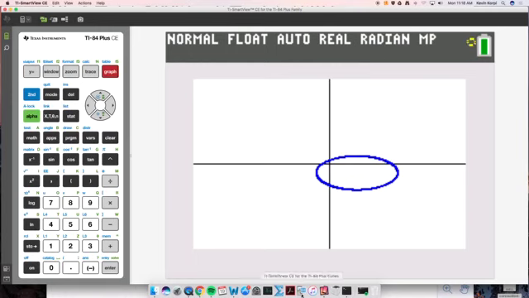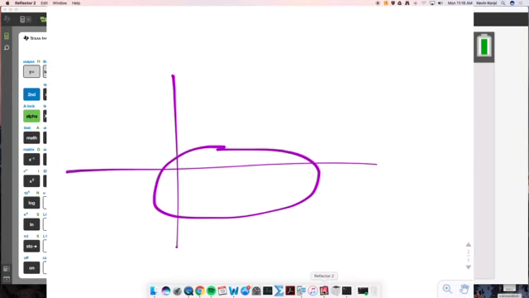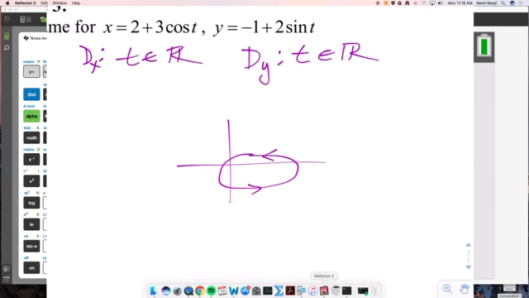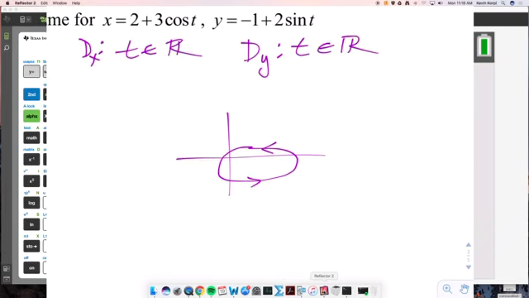Okay, there we go. And notice as you extend your t min, t max to -infinity, infinity, it looks like it just gets caught in this endless cycle. So it doesn't really matter where it starts, depending on your t min. It's going to trace out counterclockwise, and it becomes an ellipse.